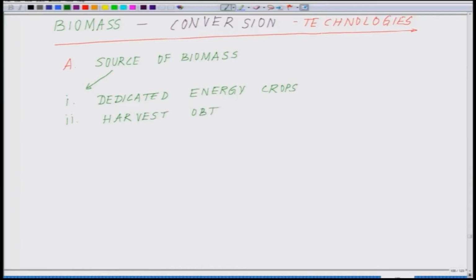obtained from forest lands and other vegetation covers. This essentially does not mean that we are talking about deforestation.